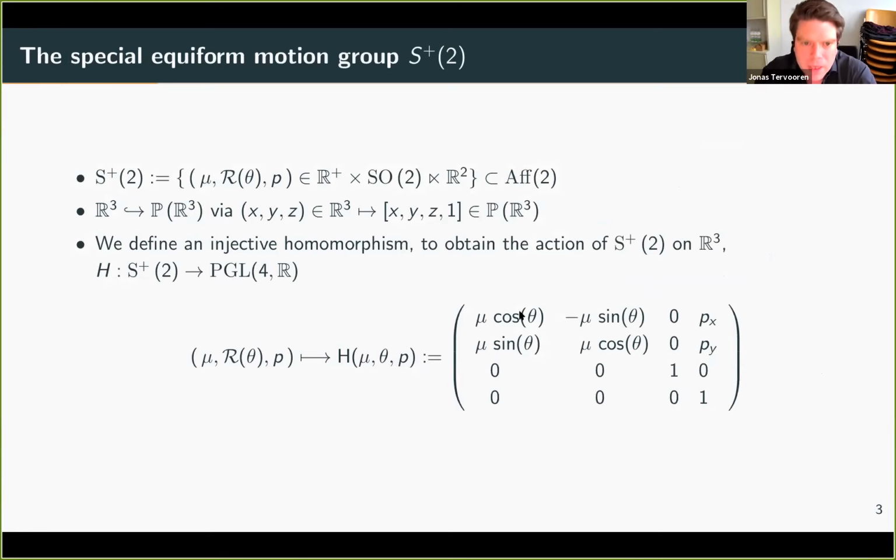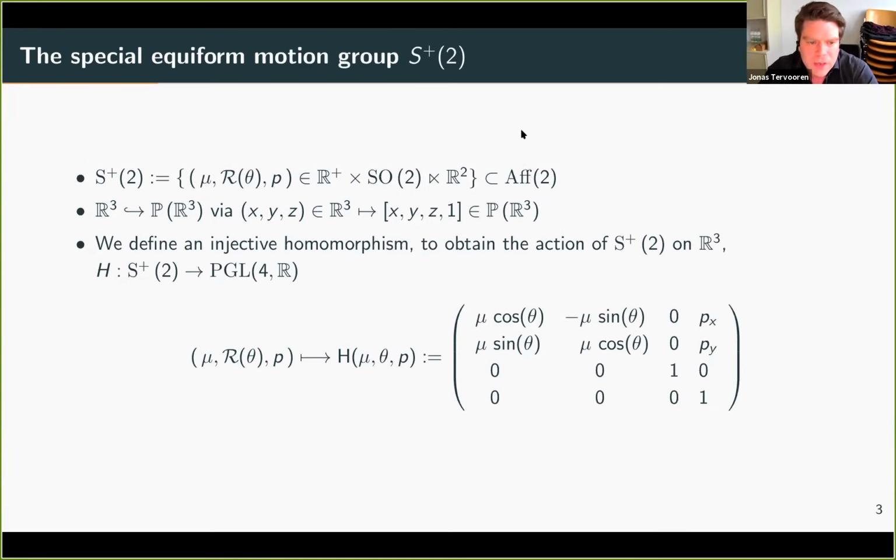Now we want to obtain an explicit parametrization for these surfaces. We have to consider the special equiform motion group, S2+, which is given by scalings that are denoted with mu, rotations, and translations. The group operation is chosen in a way that we first scale and rotate and then translate. This is a subgroup of the normal affine group.